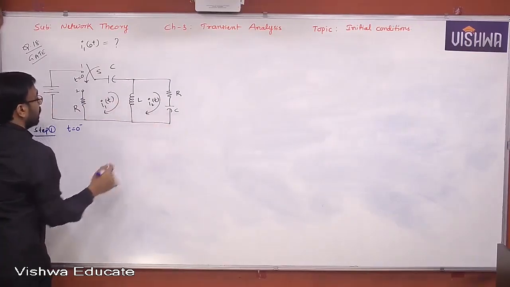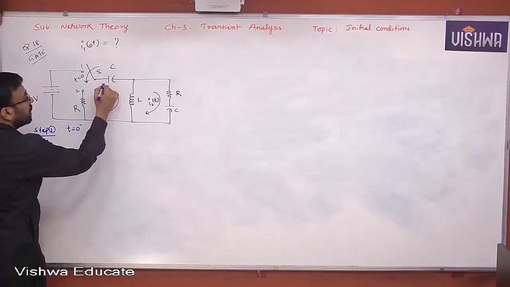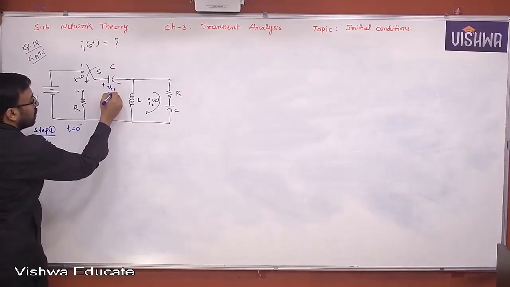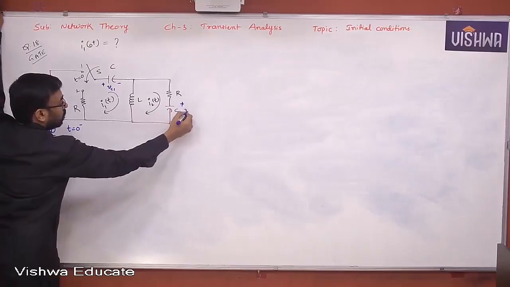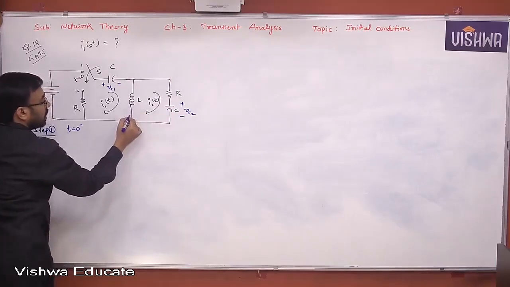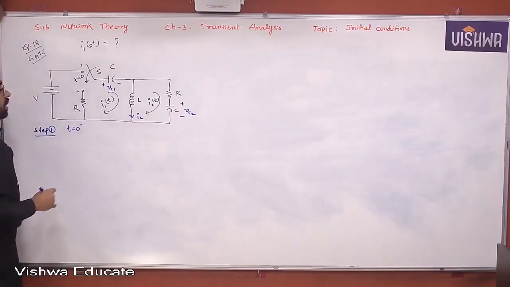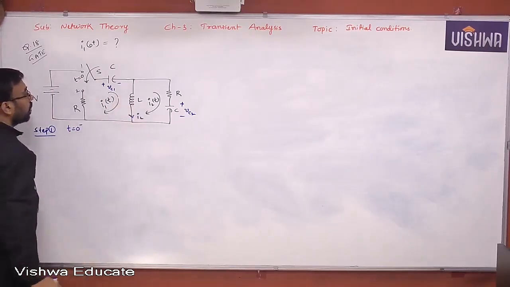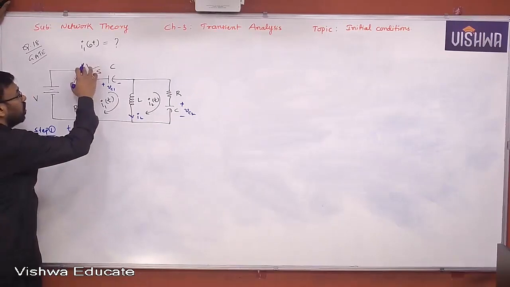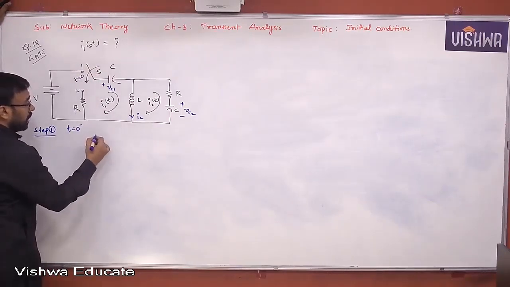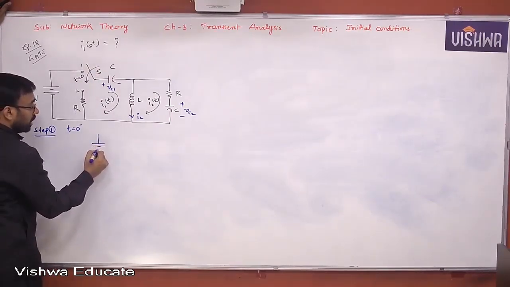Okay. Now let's see. Let's say this is VC1. Say this is VC2. Say this is IL. Understand? Because I want to know what is the current and voltage of these. When the switch is at 1, it looks like this. Let me draw the circuit.